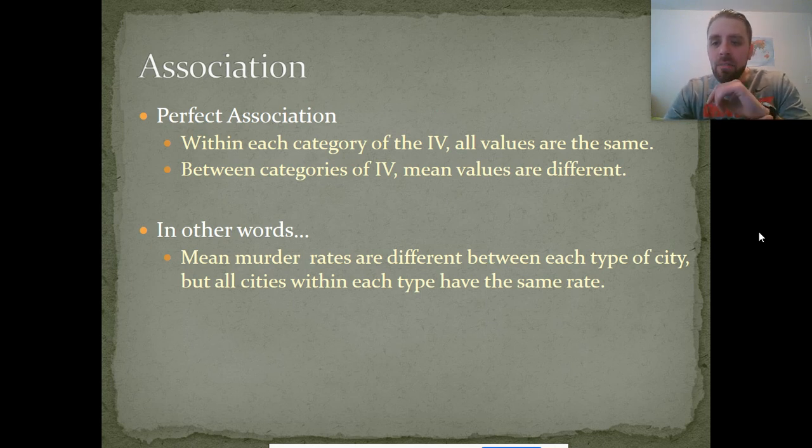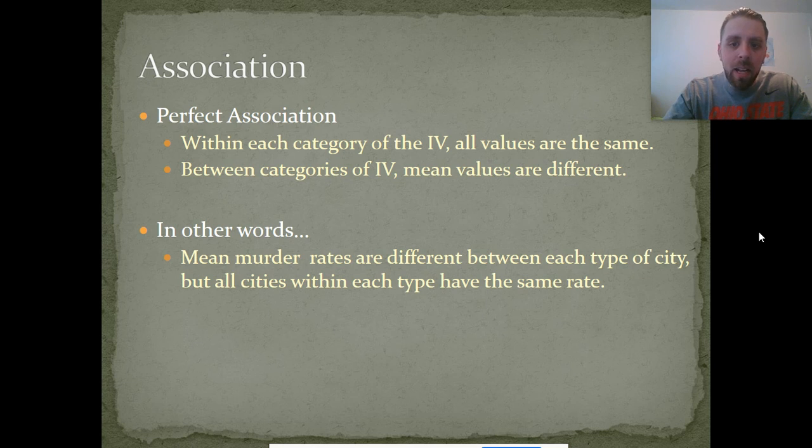And the types of associations we find are going to be what we need to make decisions about null hypotheses versus alternate hypotheses. So what if we had a perfect association? Perfect association would be a situation where within each category of the independent variable, that is the city's type, all values are exactly the same within the group, but between the categories, the mean values would be different.